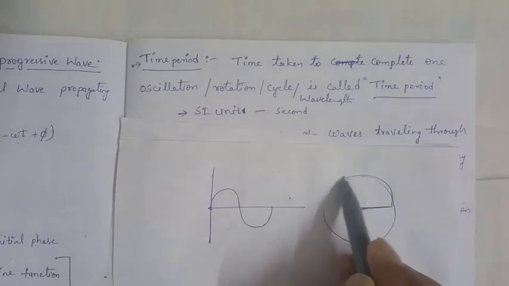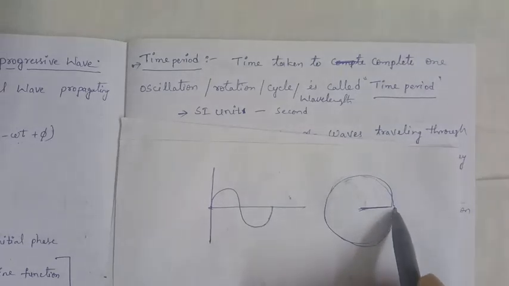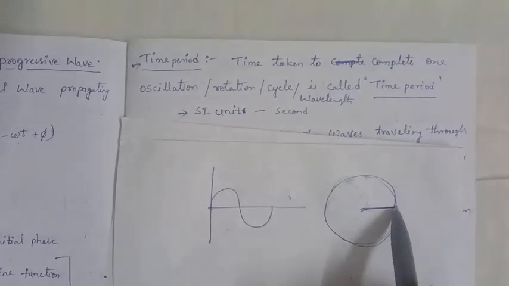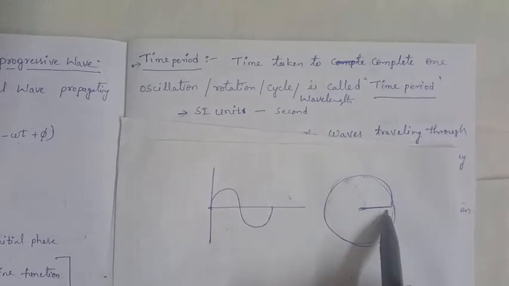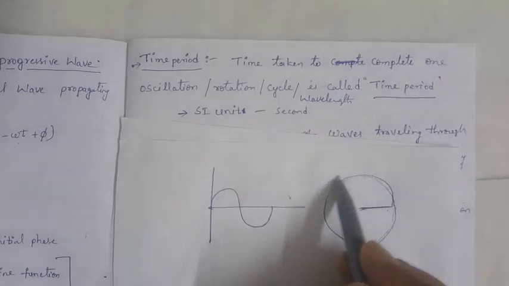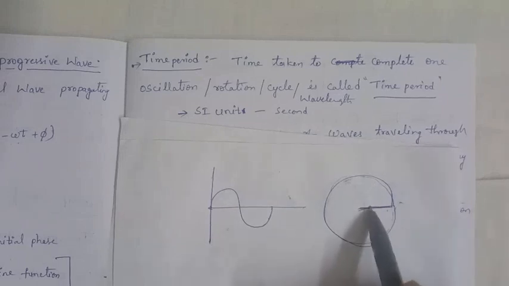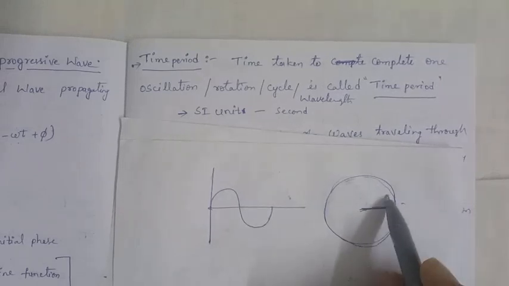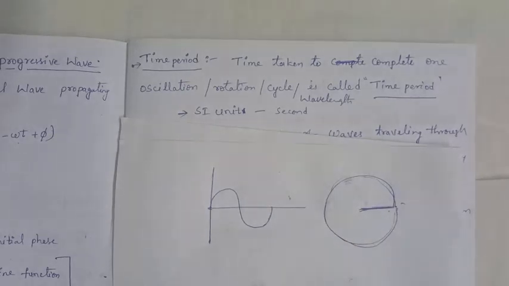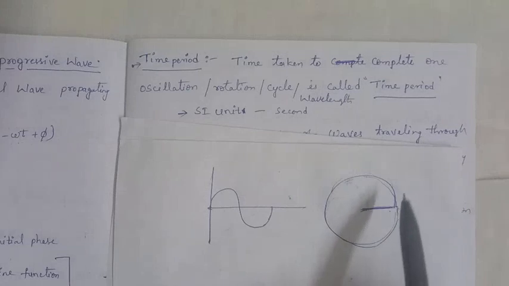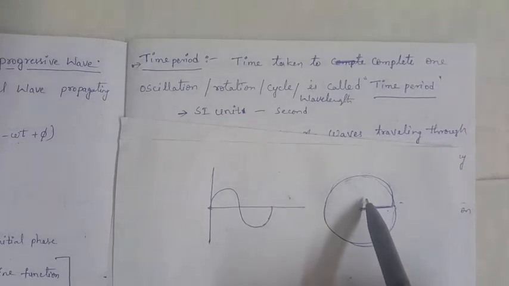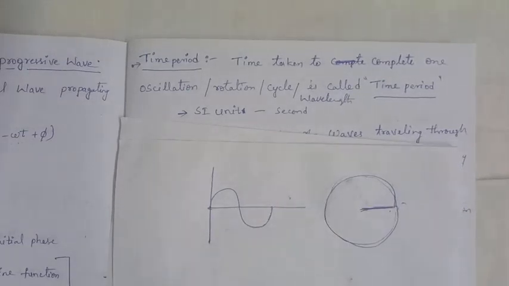The time taken to complete one rotation is the time period. How much time does the seconds hand take to complete one rotation? That is nothing but 1 minute. For the minute hand, the time taken to complete one rotation is 1 hour. For the hour hand, 12 hours.